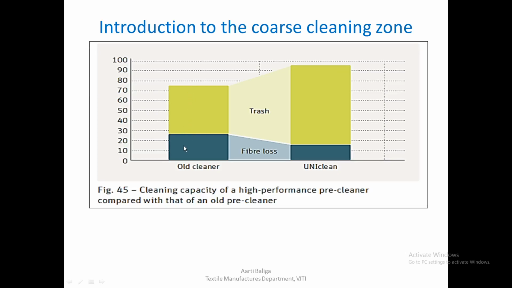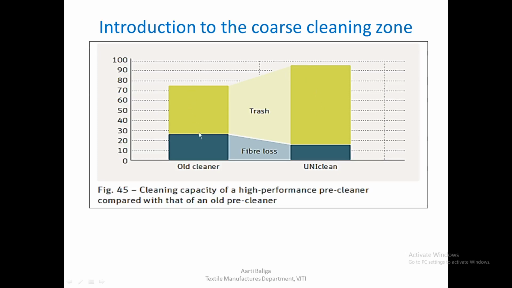If we compare this with the modern UniClean, we see that the cleaning efficiency of this machine is higher compared to the old cleaner. This was around, say, 75, and this happens to be around 95.